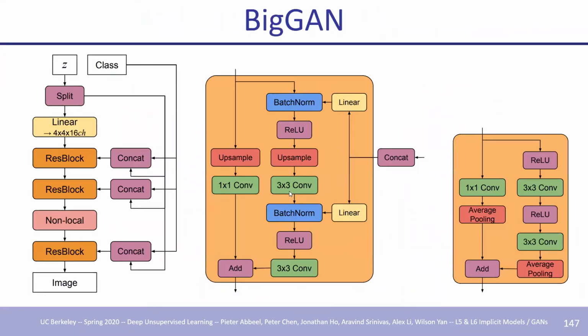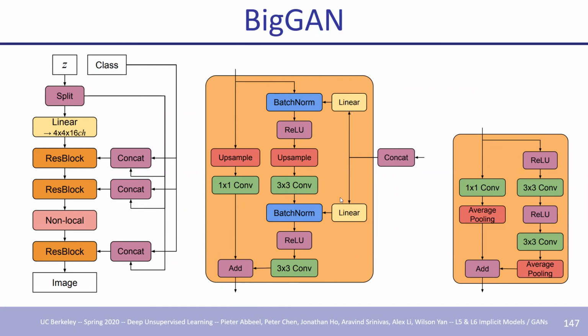Okay, so this is the architecture of BigGAN. And as you can see, the class is being put in multiple places. Each of these res blocks has batch norm, ReLU, upsample, convolution, batch norm, ReLU, convolution, and then the short circuit here, I believe.